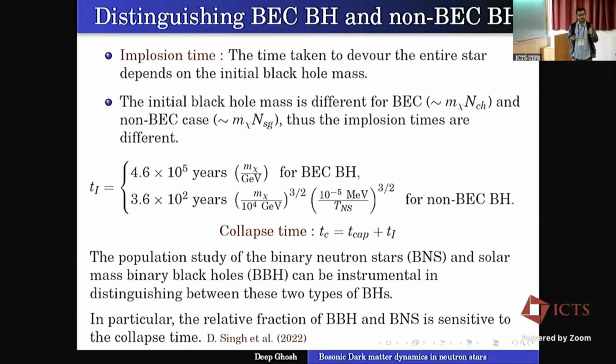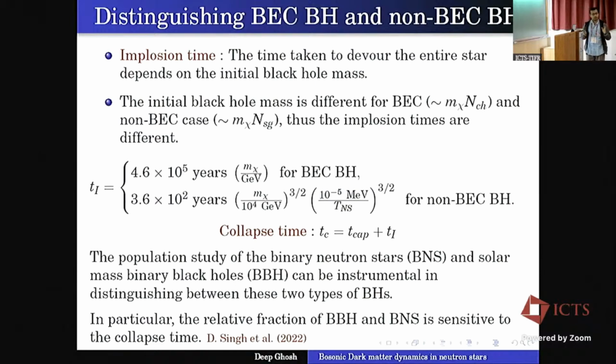So there is some time duration for that mini black hole to consume the entire neutron star. That time is called the implosion time, and the implosion time is sensitive to the initial mass of that mini black hole. As you can see, for BEC and non-BEC states these numbers are different, so the implosion time is different for BEC and non-BEC states.